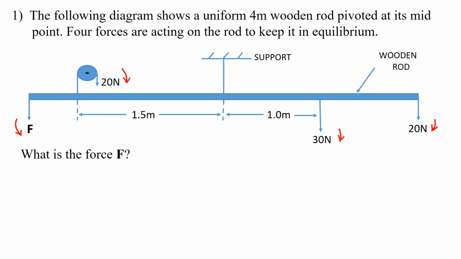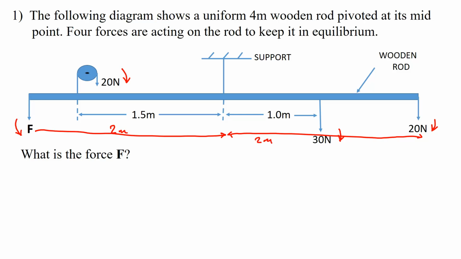So it means that from the force F to the pivot, it is 2 meters. And then from the pivot to where we have the 20 newtons force, it is also 2 meters.